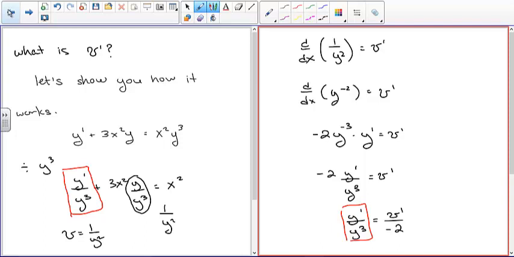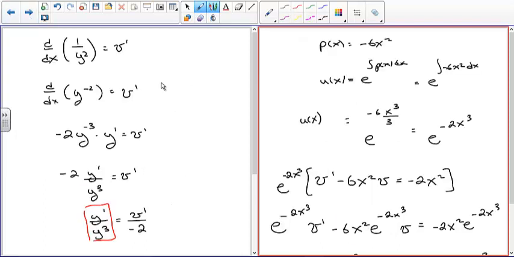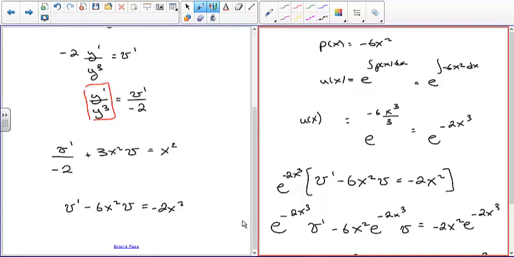This is equal to v prime over negative 2. When you do that, the transformed equation becomes a first order linear differential equation in the variable v, once you put it in standard form.